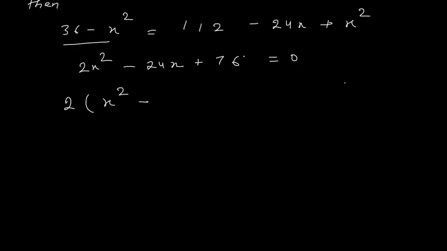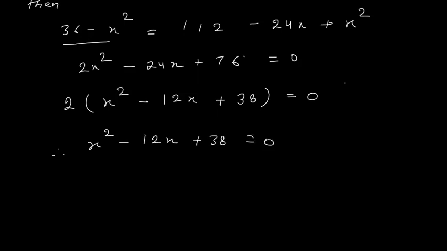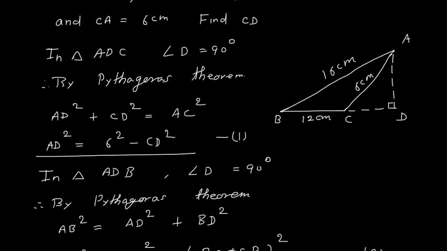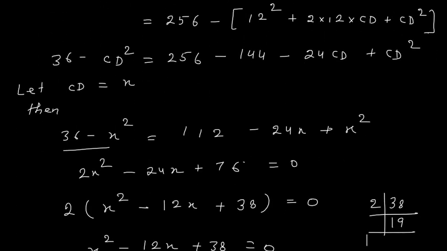Here we have x square minus 12x plus 38 is equal to 0. Now I factorize this 38, but actually by factorization it is not possible to get the value of x. So find the value of CD using the formula method.